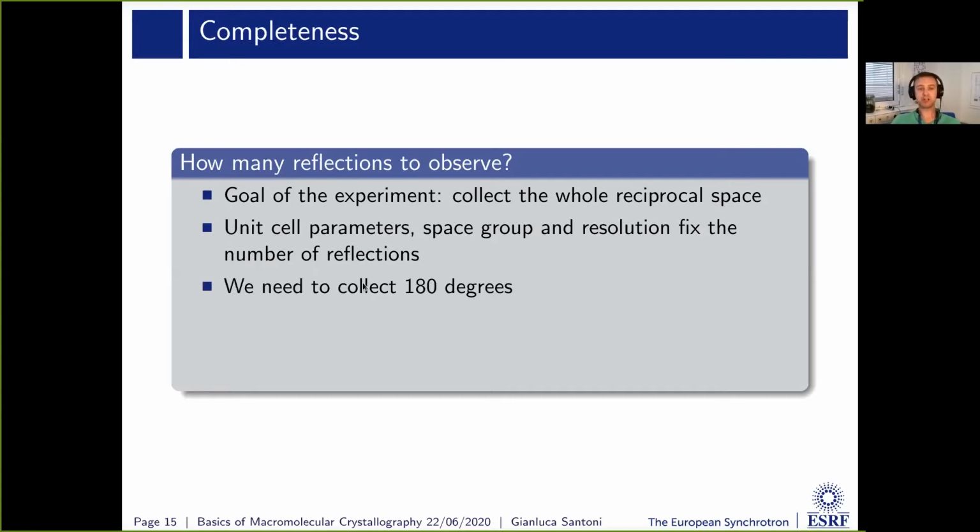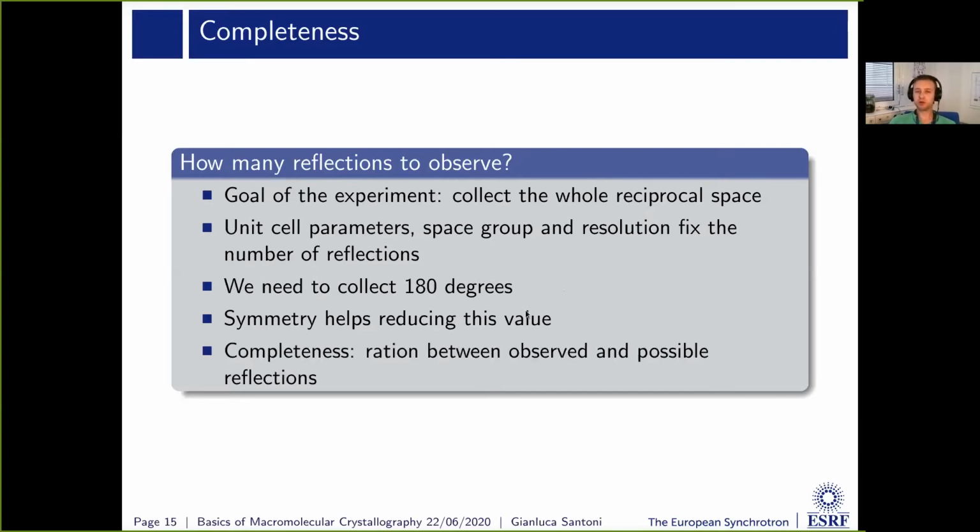In general, to observe all the reflections, we need to collect 180 degrees, because in this case, all the reflections possible from this particular crystal in the experimental condition defined above will be collected at some point. But we have something which is helpful, and it will be the object, in more detail, of a following lecture, which is that crystals have actually a symmetry that will reduce this value, which means the higher the symmetry of the crystals, the lower rotation we can collect to achieve a complete data set.